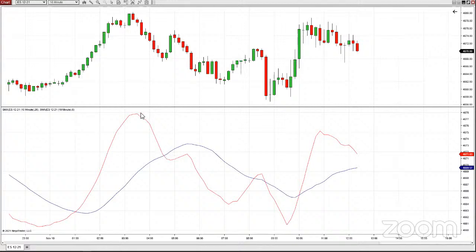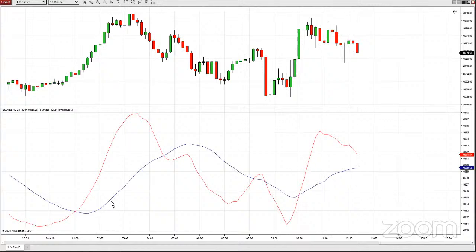It didn't cross, but it's converging, so momentum is going down. And then you can take a look at the same phenomenon at 10 o'clock today, where we have it diverge, right? It's getting further apart, suggesting that as the fast moving average diverges from the slow, prices are appreciating.